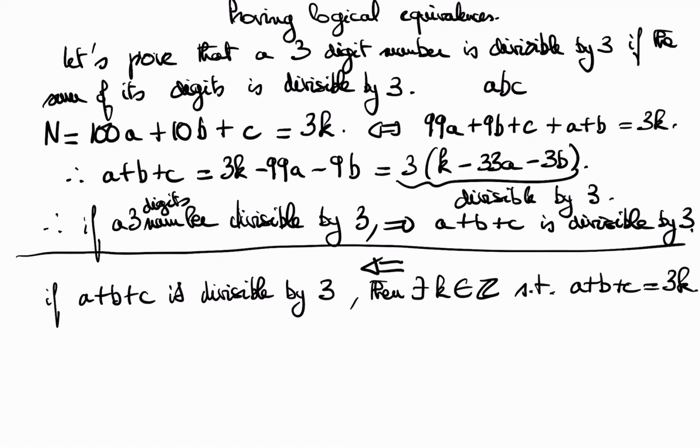So that means that, well, it's equivalent to c is equal to 3k minus a minus b.